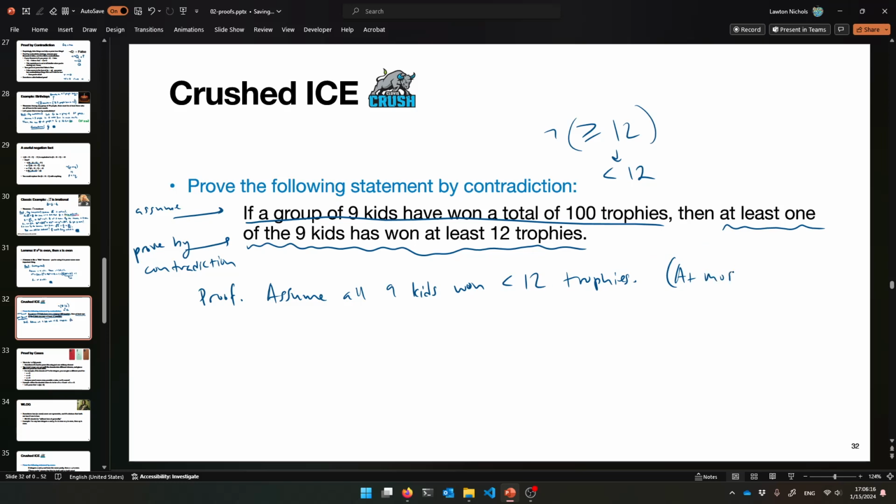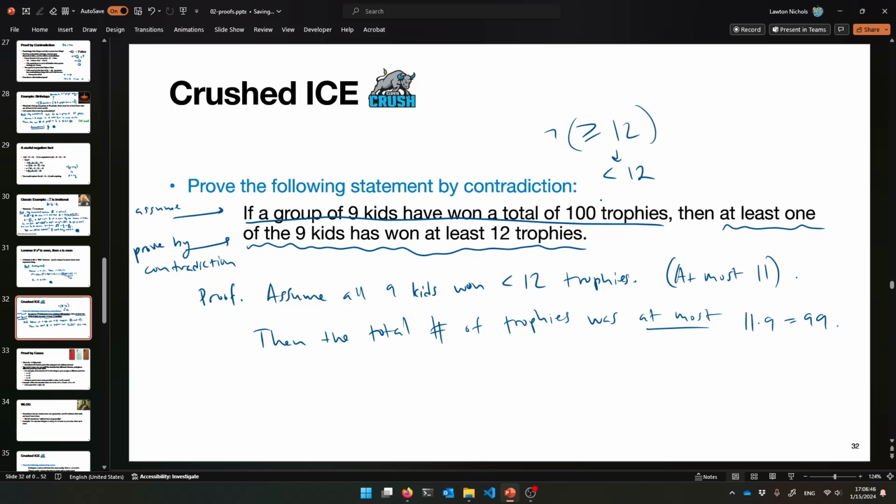Do you see the contradiction now, if you didn't see it before? So then the total number of trophies was at most 11 times the 9 kids, so 11 times 9, which is equal to 99.